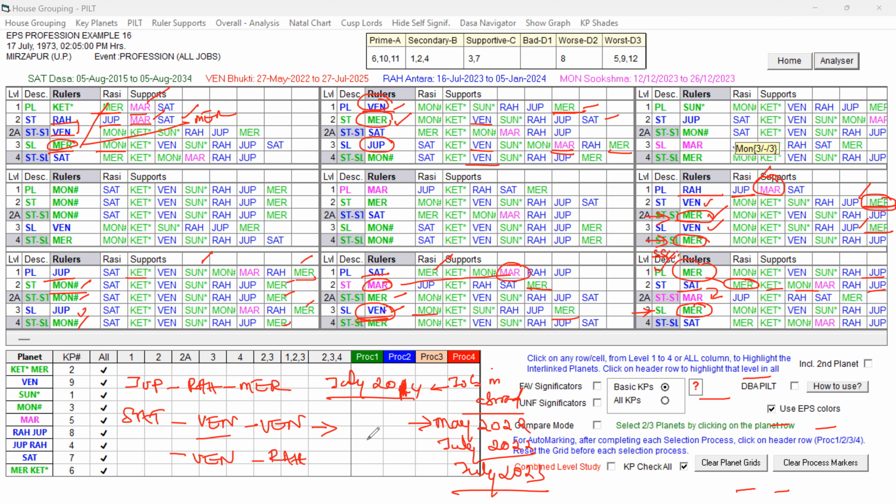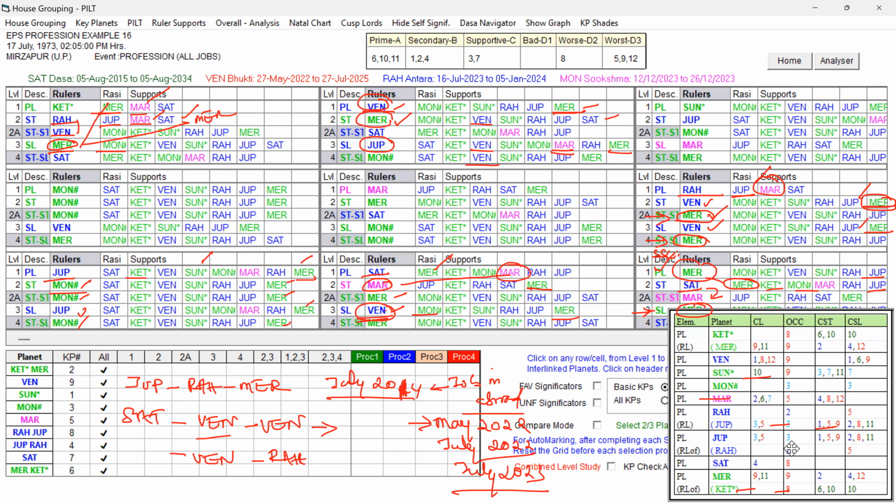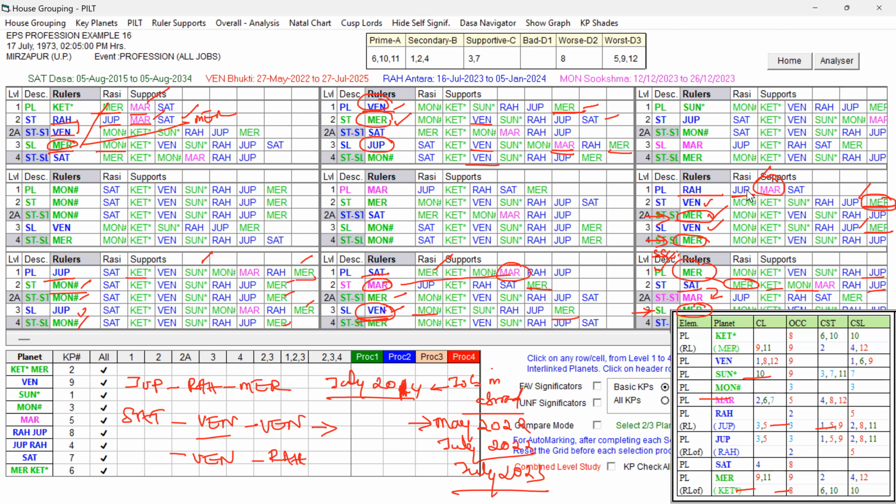So during that Venus Bhukti Rahu Antra, that is also supported by the favorable key planet by way of ruler's link, right? And you can see that all the other favorable key planets are there in support, because Moon is one of the Bhukti Lord's key planets.